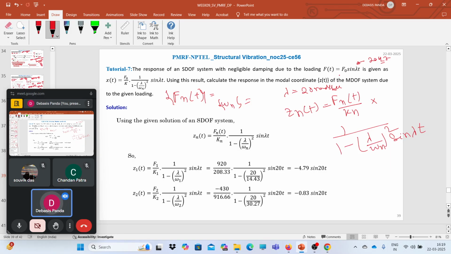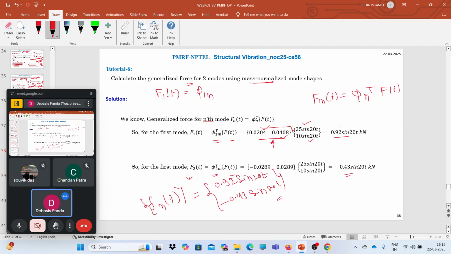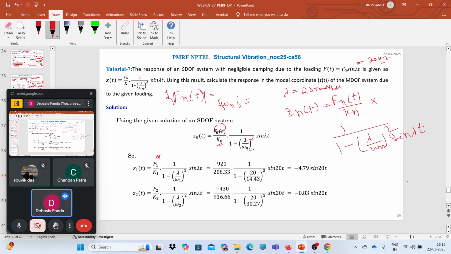Now how can we solve it? We have the value of Fn, Kn, lambda, and omega n. We just need to replace them. What is F1? The magnitude of the first force comes as 0.92 kilonewton, that is 920 newton, which I have put here directly. Now what is the normalized Kn?